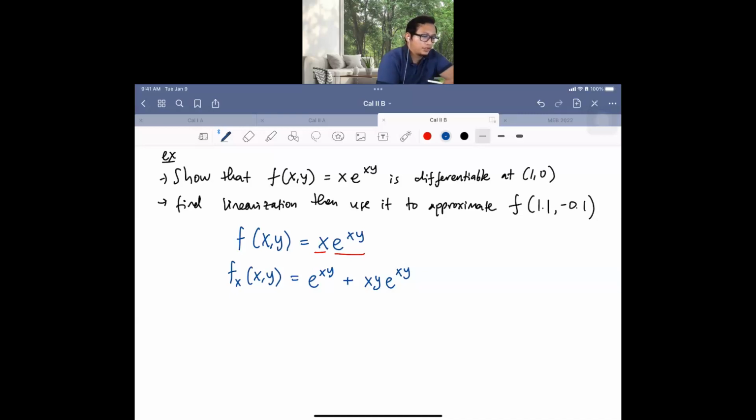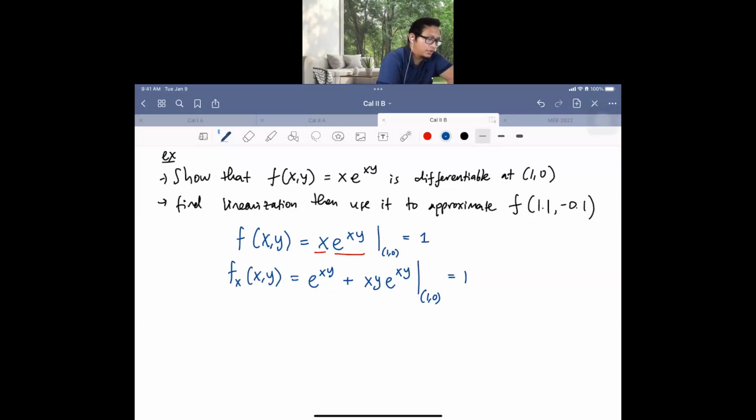We can evaluate at 1, 0. It becomes 1 plus 0, so it's 1. We can also evaluate the function itself at 1, 0, and this will be equal to 1, right?